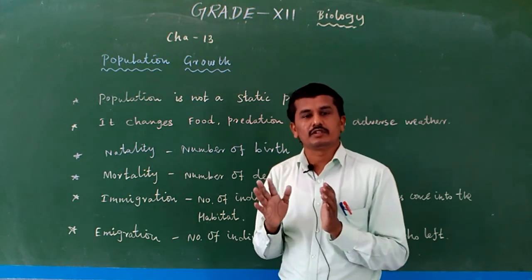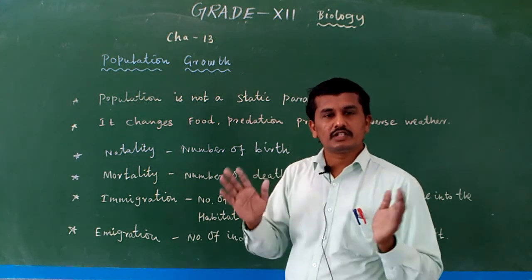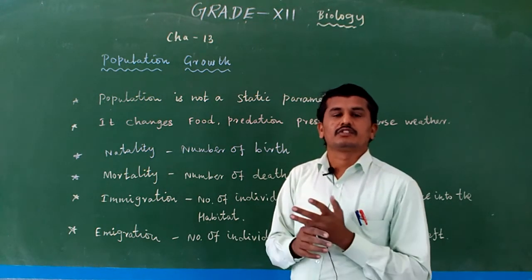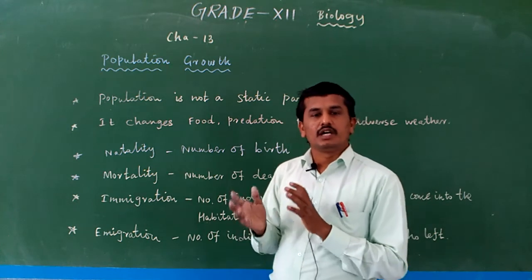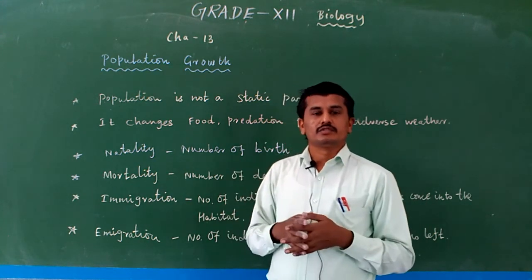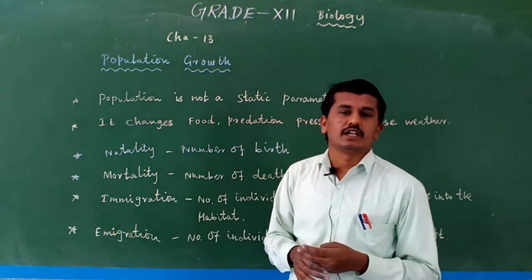Okay, so normally population is not a static parameter; it fluctuates during the season and with food availability. In some seasons, the mosquito population is increased due to more water in the surroundings. In some seasons, the mosquito population is reduced due to lack of water.